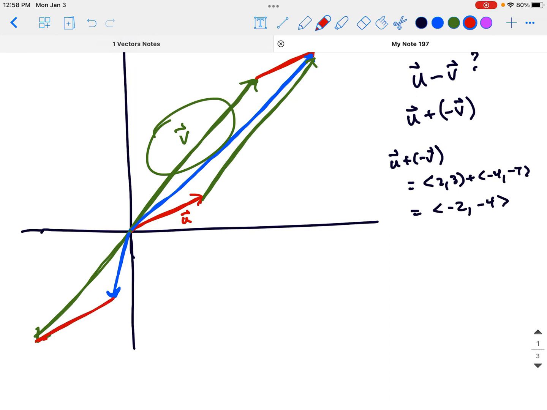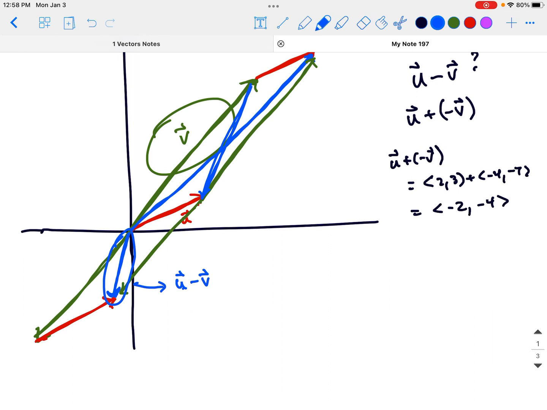So I could again draw my two vectors as a parallelogram. And what we'll see that is not drawn to scale here is that this blue vector, which is u minus v, is actually the same as the opposite diagonal inside of our original picture.